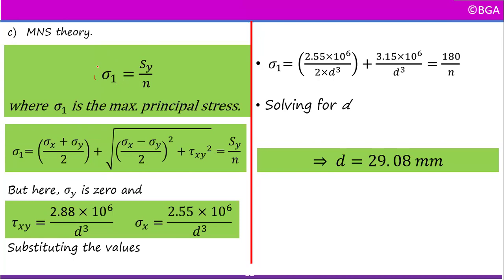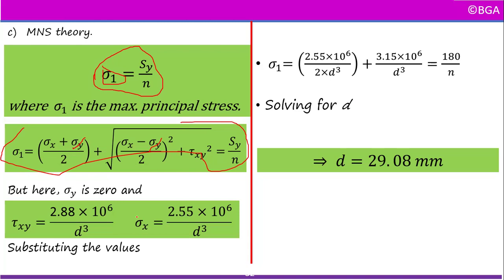In this case, we need to find out principal stresses, because this equation is only expressed in terms of principal stress. The principal stress can be calculated using this expression, as we have seen in our lecture. Here, sigma y is 0. The other values we already have: sigma x, tau xy, and also SY is known.